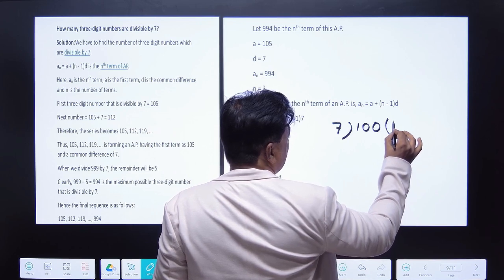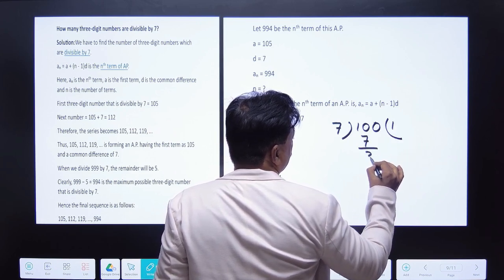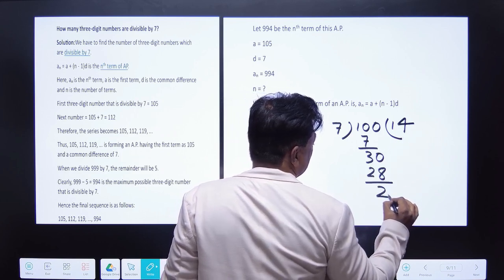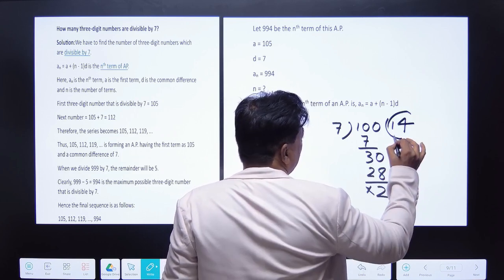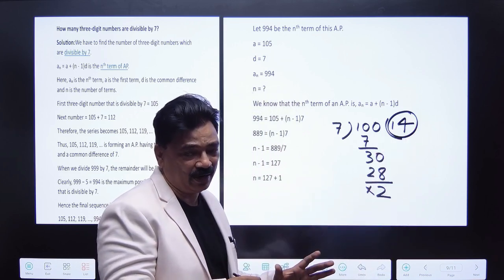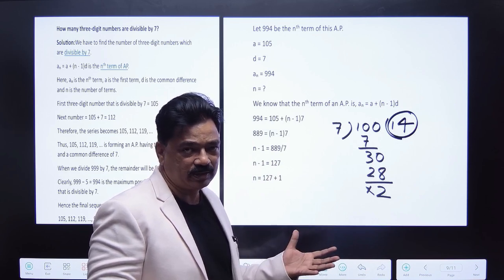But if a child during the process says it this way, then what will you do? This is the first 3 digit number. If I divide it by 7, 7 fours are 28, and then the child says, that means there are 14 numbers from 0 to 100, even 99, because the remainder is 2. Divisible by 7.